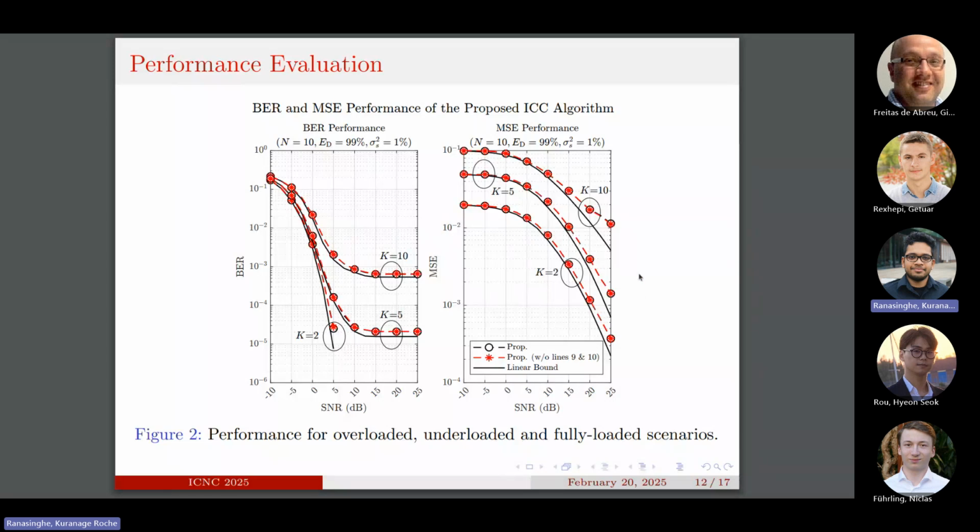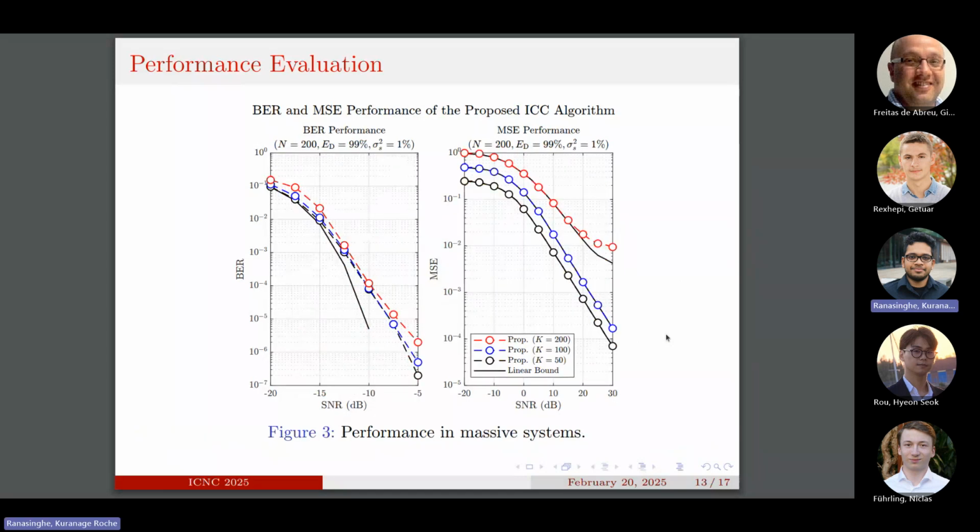The same goes for the mean squared error. As you can see, you have varying performances here for the mean squared error. When you have an underloaded system, the performance is best since you only have a sum of a small number of variables. And as you can see, the mean squared error increases as the number of variables grows.